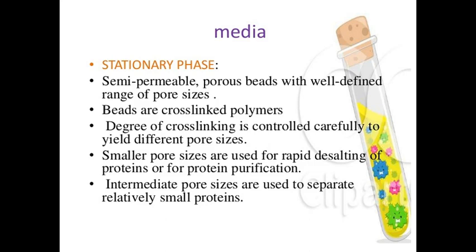Intermediate pore sizes are used to separate relatively small proteins. In the market nowadays, ready-made gel filtration chromatography beads are available with specific pore sizes. As per your requirement you can order the specific gel beads of a specific pore size.